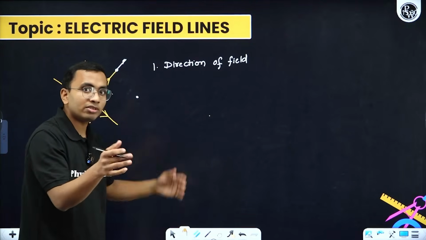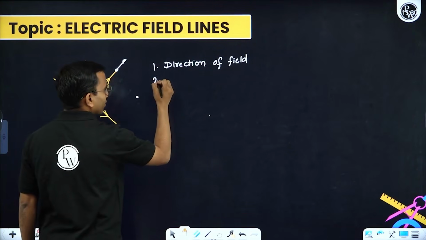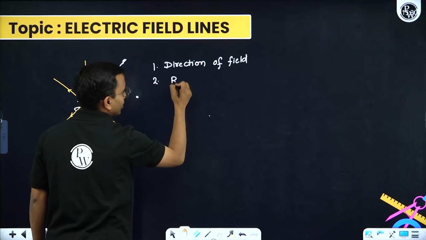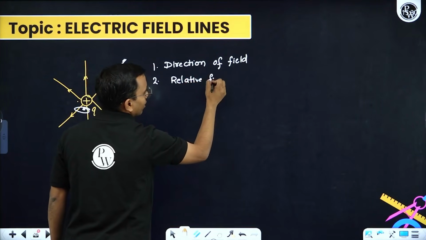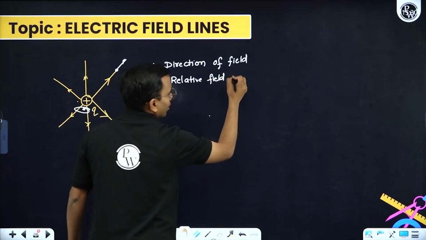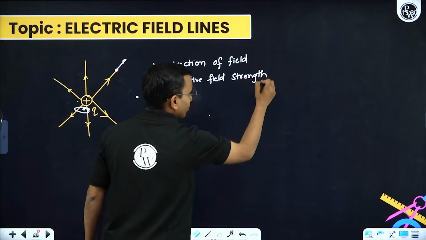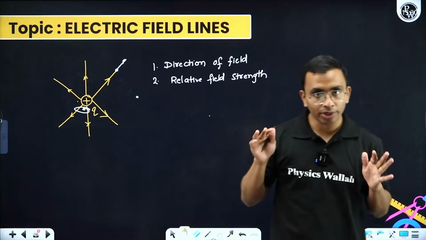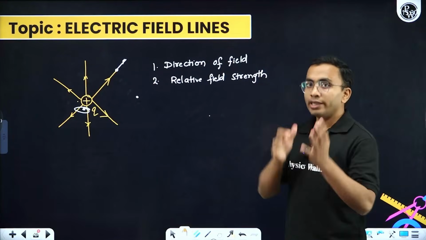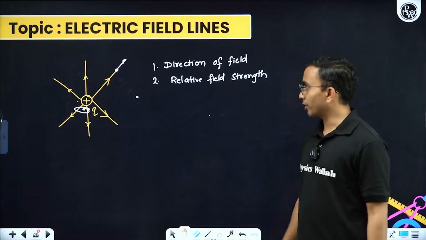If the lines are away, the field strength is less. So it gives you the idea of relative field strength. It cannot tell you the exact magnitude at a particular point, but you get a relative idea: here the field is very large and there the field is very less.